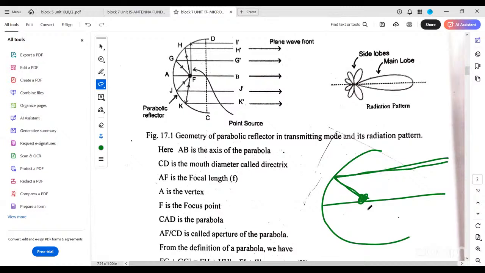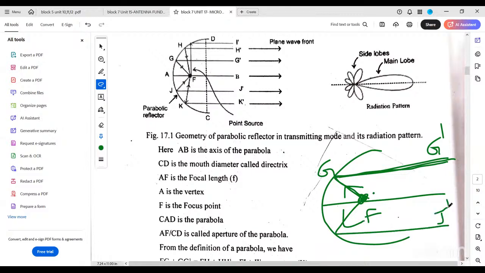This is the focal point F. This is the point G. The internal arrow hits and goes out: F, G, G dash. If it is incident on another point, treat that point as J: F, J, J dash.